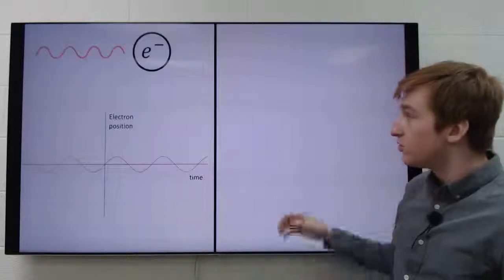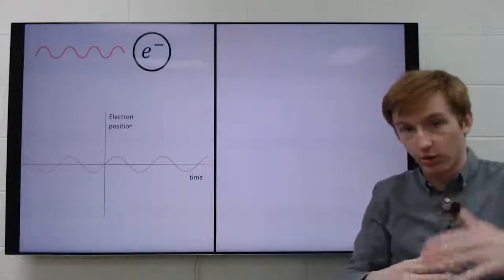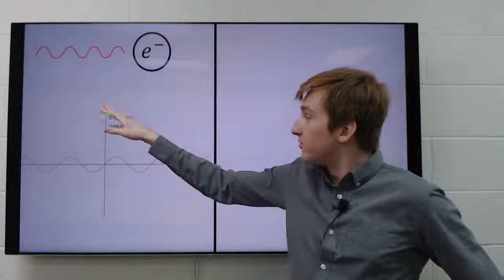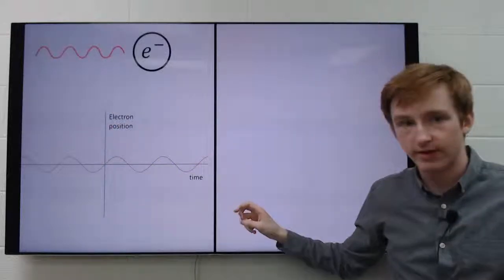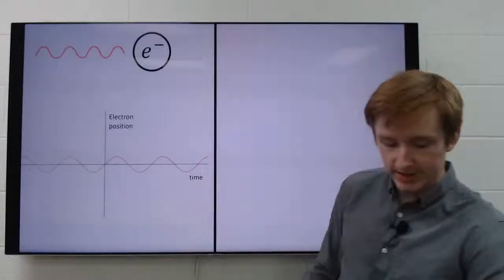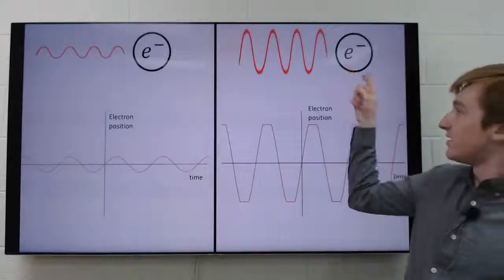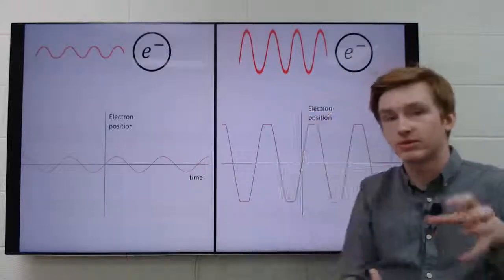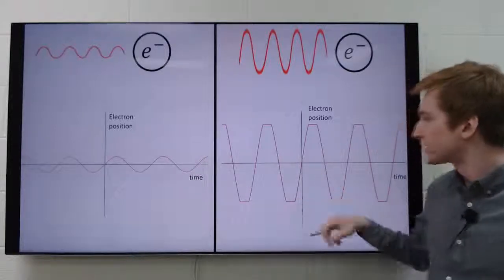Well, if you graph the electron's motion, the first case was low intensity light. If you graphed the electron position versus time, it would just look like a nice sinusoid. So what would happen if you had the really intense case? It turns out it looks something like this. If you have really, really intense light, so intense that the electron can't respond to it, or it would have to accelerate faster than the speed of light in order to keep up, it would look something like this.